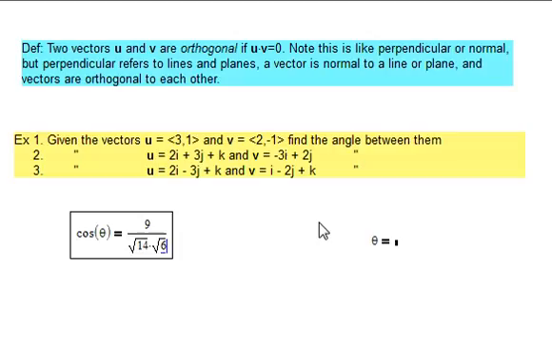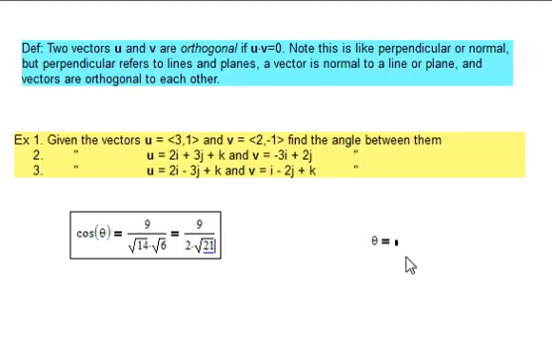Square root of 14 times the square root of 6, which is the square root of 84, divided into 9. I'm trying to think if that simplifies. I guess 2 square roots of 21. 2 times the square root of 21.